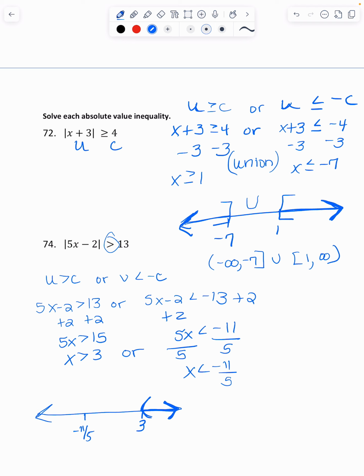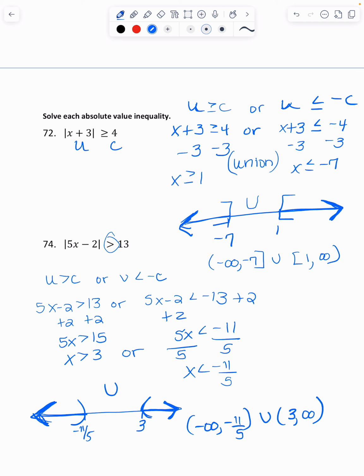And less than negative 11 fifths looks like this. Or means the union of those two things. And so my answer reading left to right would be negative infinity to negative 11 fifths, union with 3 to positive infinity. And that would be my answer.